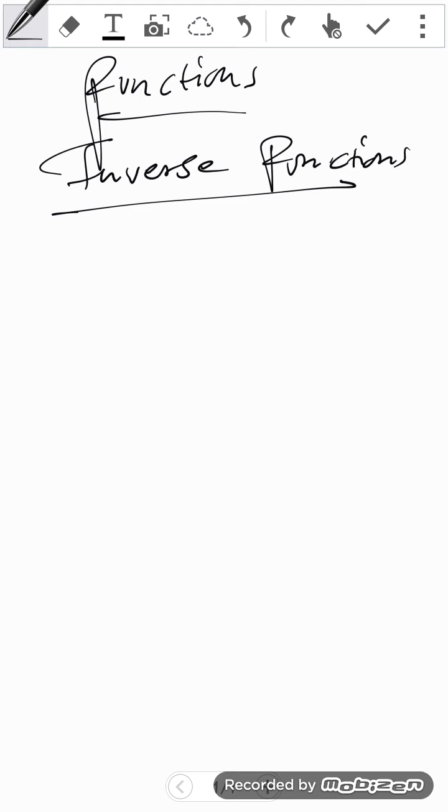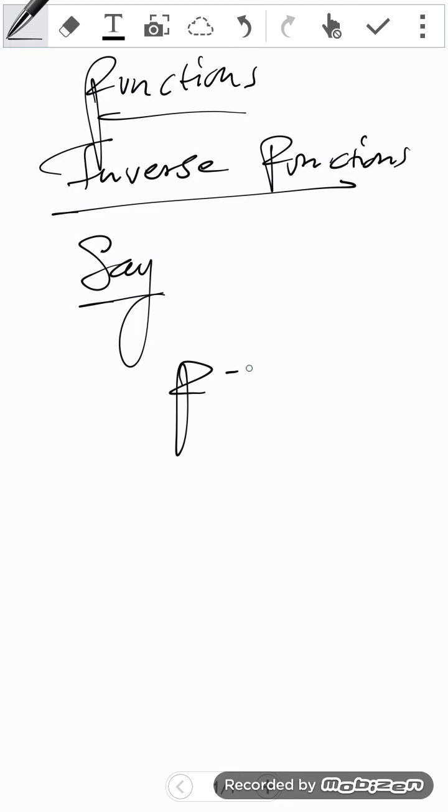Inverse functions, the ones you will find in the exam, will be in this type of format. Say f inverse. You see? So to be a function inverse there are two conditions. So now we're going to look at the conditions that we might have.